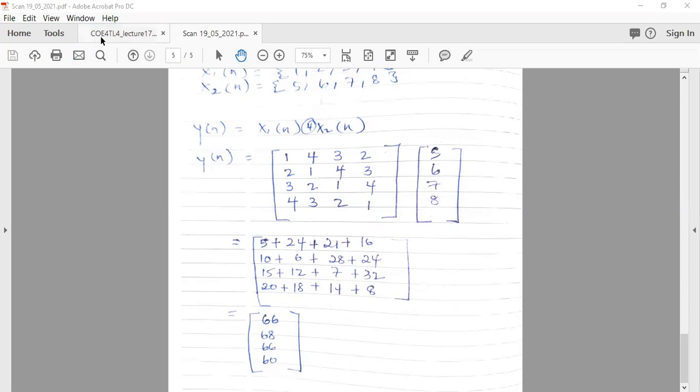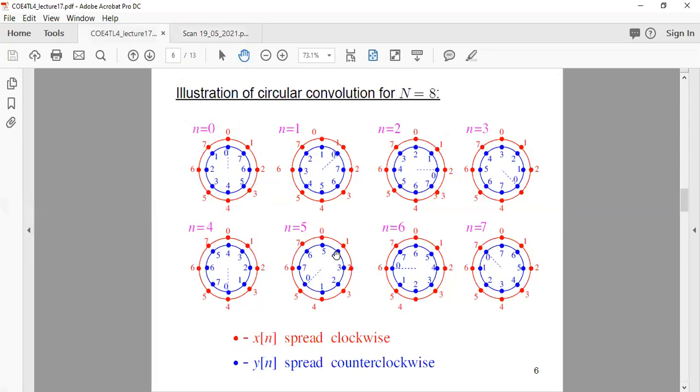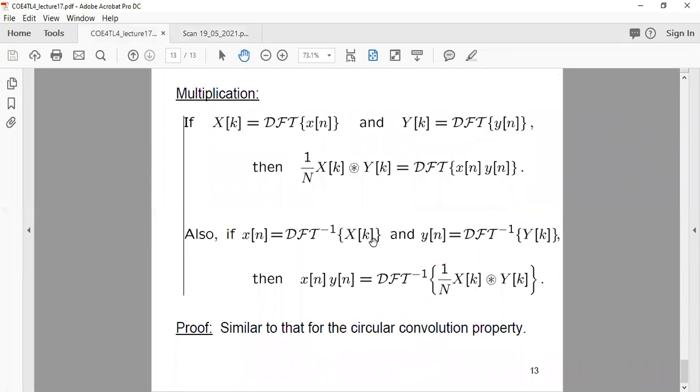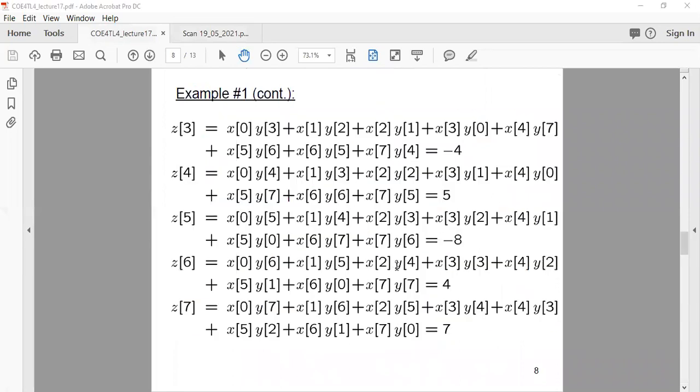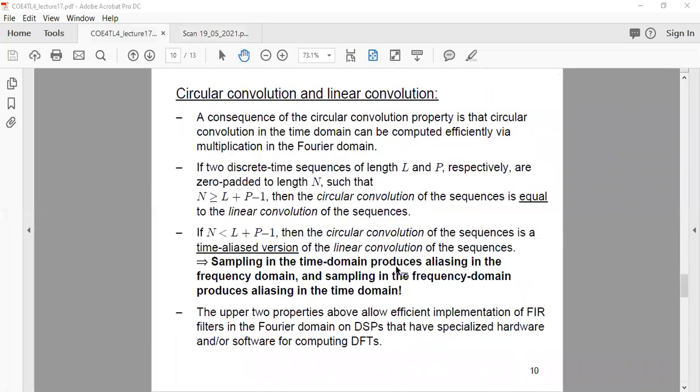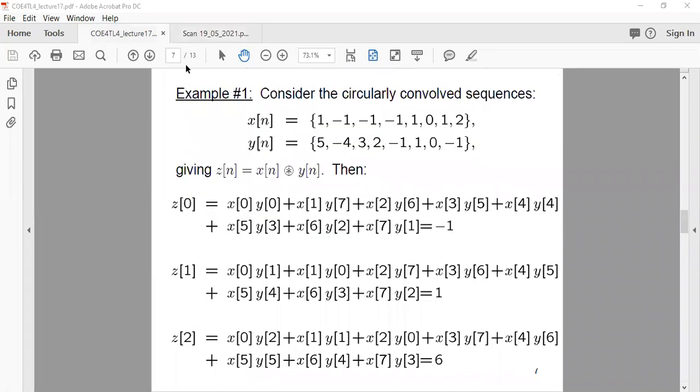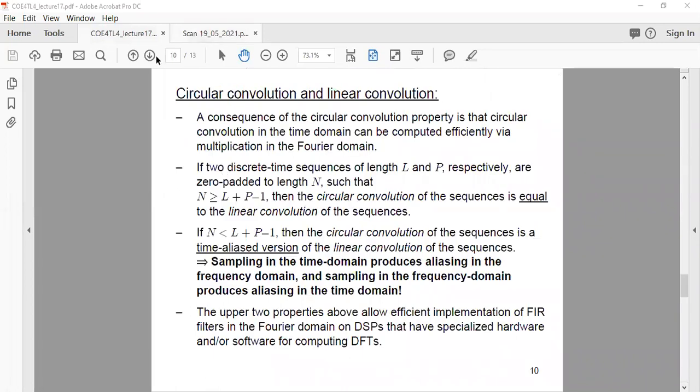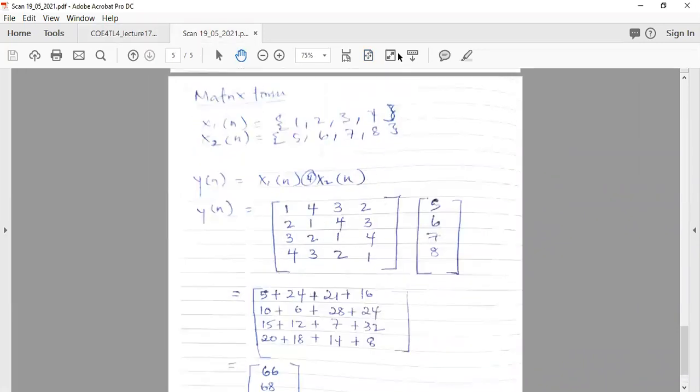There's another thing that I'll have to tell you. At times you're going to get two sequences of different sizes.